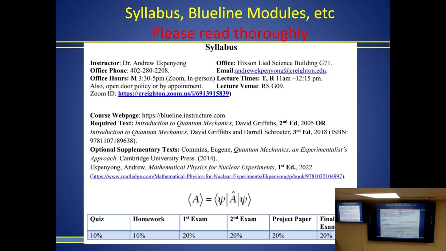So the quiz is 10% of the course grade. Homework is 10%. Why do I keep it so low? I could make it 40 or 50%, but why so low? Any idea? It's a lot of homework, yeah.